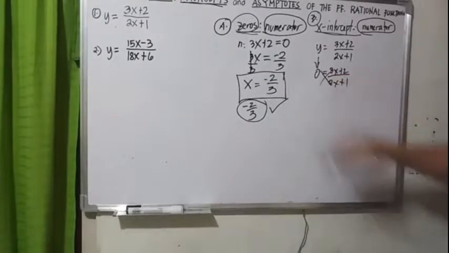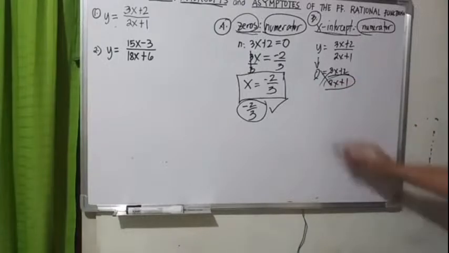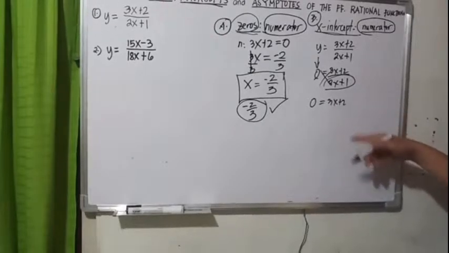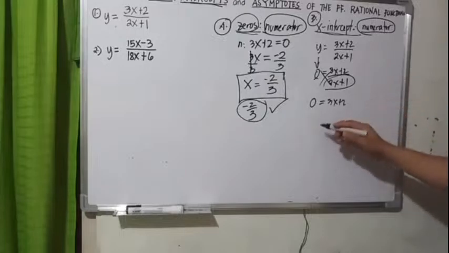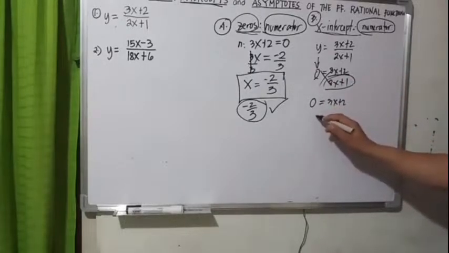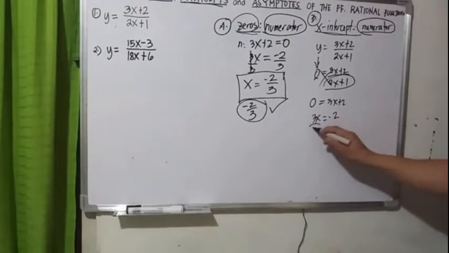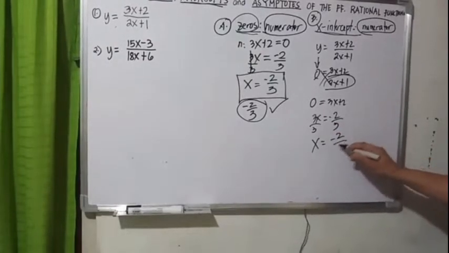I-cross multiply natin yan. So 0 times the value of the denominator, so that is 0. So equals 3x plus 2. Then simplify, i-transpose natin yung positive 2. So magiging 3x equals negative 2. Then divide both sides by 3. So that is x equals negative 2 over 3.